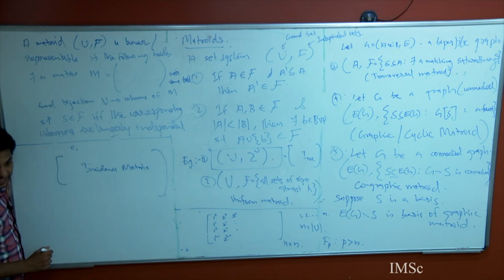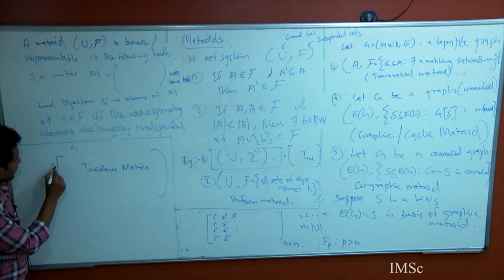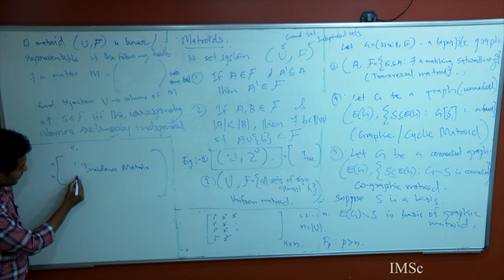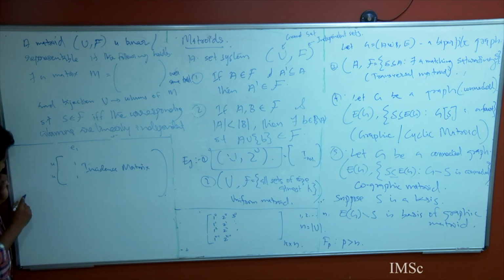I have an edge E1 here, and it is between U and V. I will have one here and one here, right? Okay. Now here is an exercise.